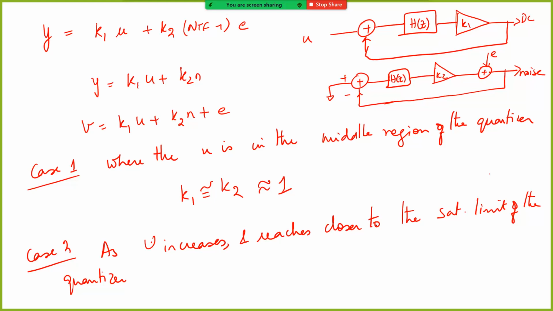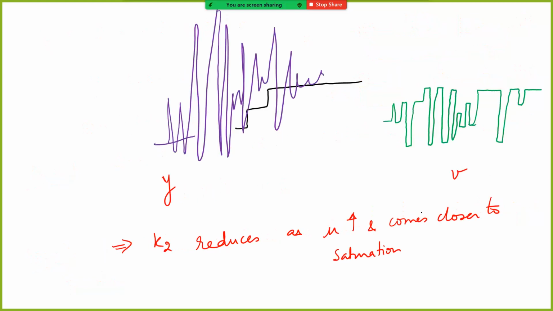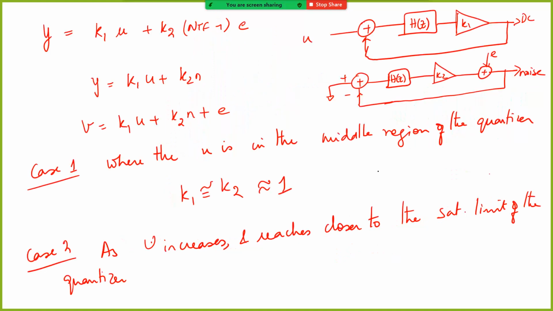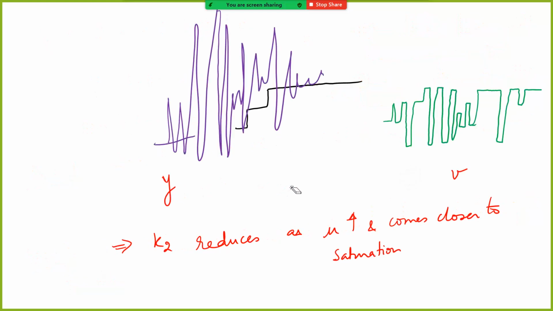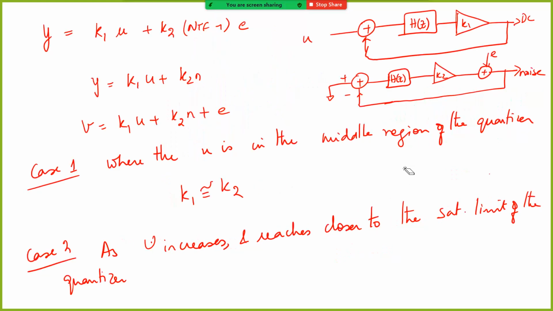As long as they are in the linear region, K1 is almost equal to K2, and it will be around 1 and so on.